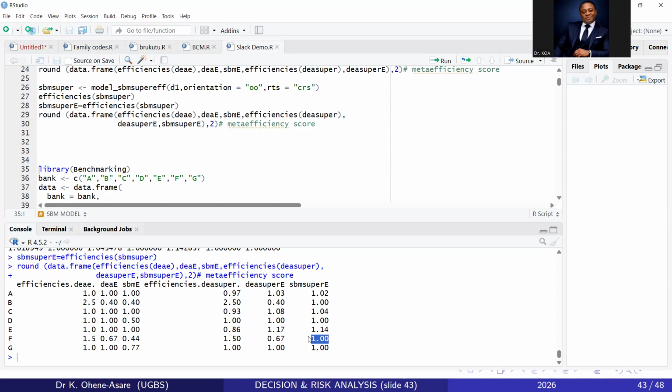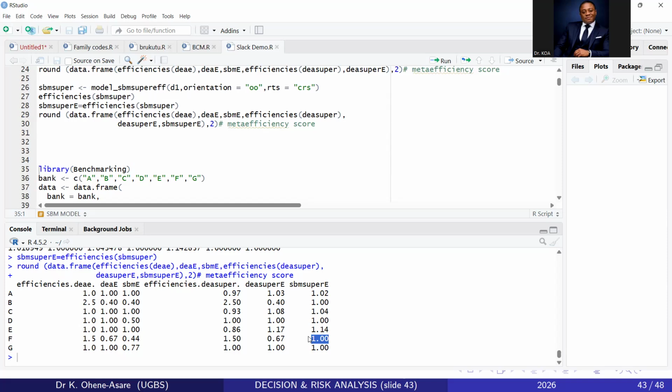But the good thing is that it's good to do SBM super efficiency. By the way, this is one disadvantage of this method, Emily, some time ago we were talking about it, that it also tries to increase the efficiency of the inefficient ones.